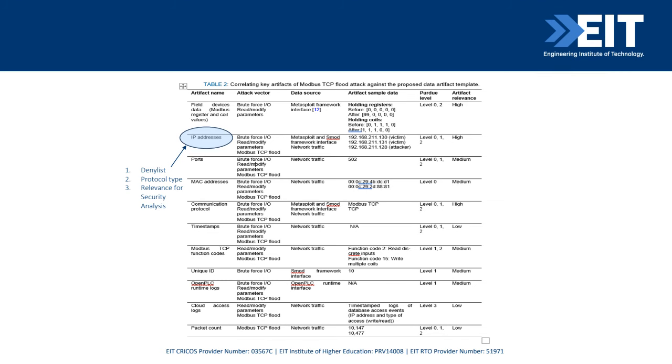And there are further details on how this could be impacted. If you know the addresses of the attacker, you can configure the security control to help you with it. You can specify protocol type and relevance for security analysis as well. That will help you pick up whether the significance of enabling a security control is high or low.